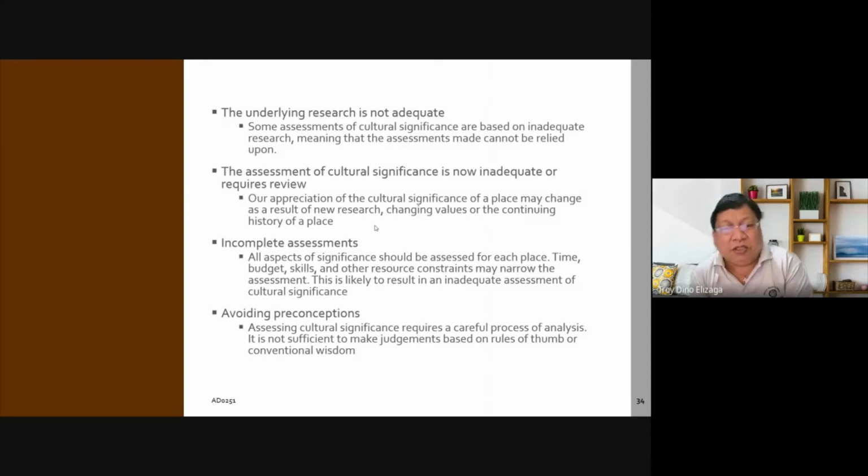Then avoiding preconceptions: assessing cultural significance requires a careful process of analysis. So we cannot make use of just rules of thumb. It has to be based on careful analysis.